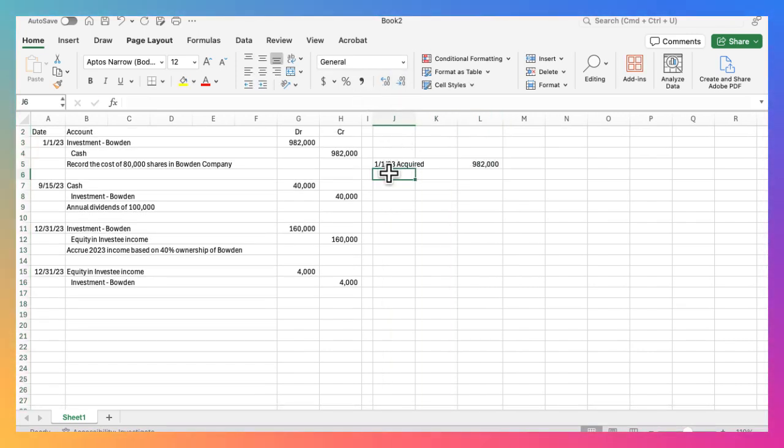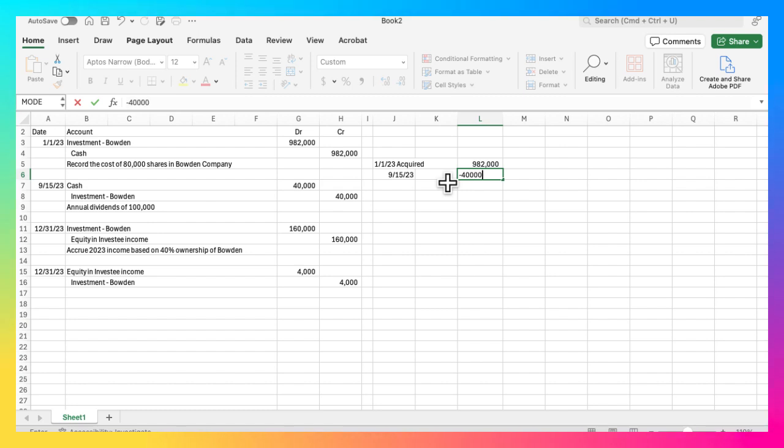Okay. On 9/15 of 23, they paid a dividend, right? That decreased our investment in Bowden. Okay. Let me go through this and then I'll tell you what I'm thinking. What happens next?